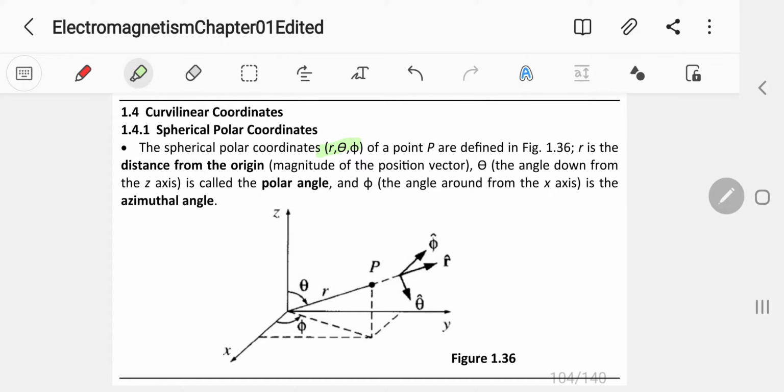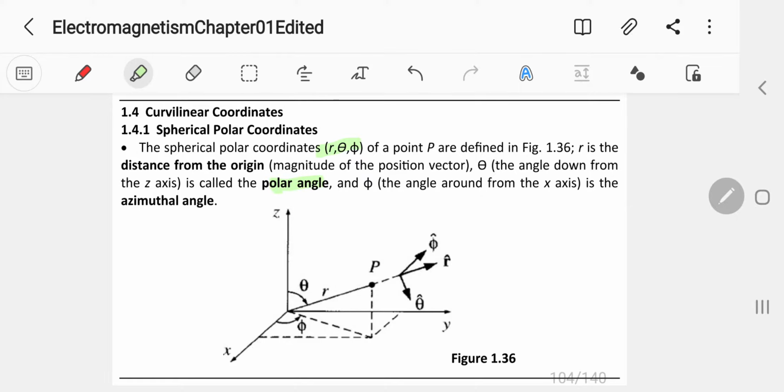that point P has a distance r from the origin, and that distance r is the magnitude of the position vector towards P. The theta is the angle measured from the z-axis, and that's called the polar angle.